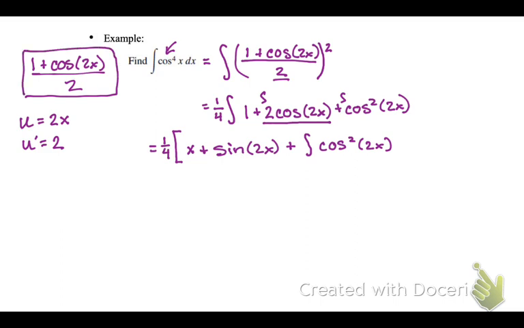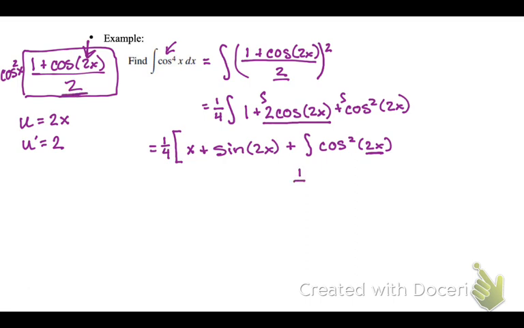But this right here was the cosine of x squared, yes? And we aren't x, we are what? 2x. So this 2x has to be multiplied by 2. Everyone follow him? Yeah.